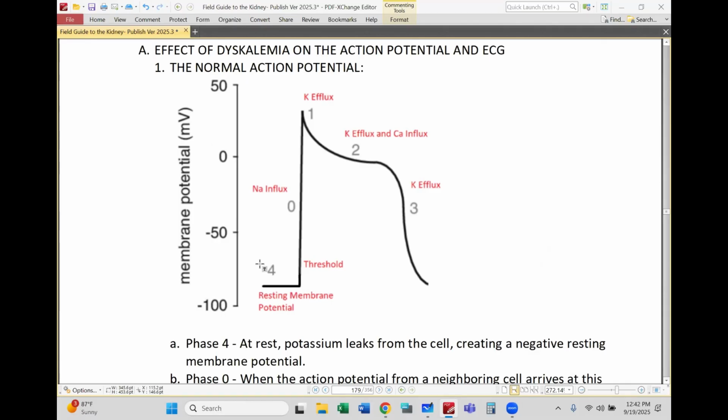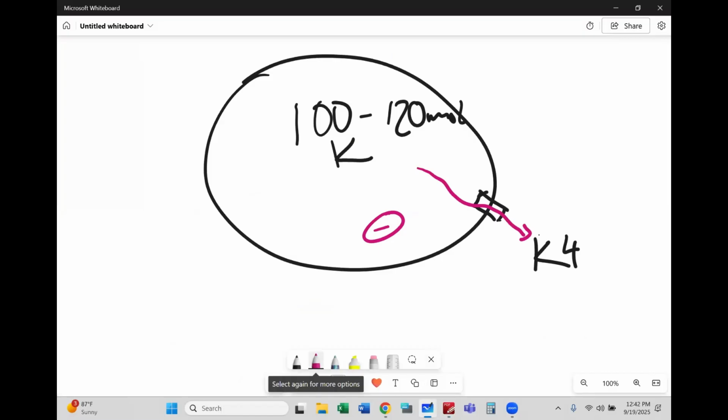Okay, so you have a resting membrane potential that occurs because of the leak of K from the ICF to the ECF. Now, you have a high extracellular sodium concentration, somewhere around 140 on the ECF side, and about 10 on the ICF side.